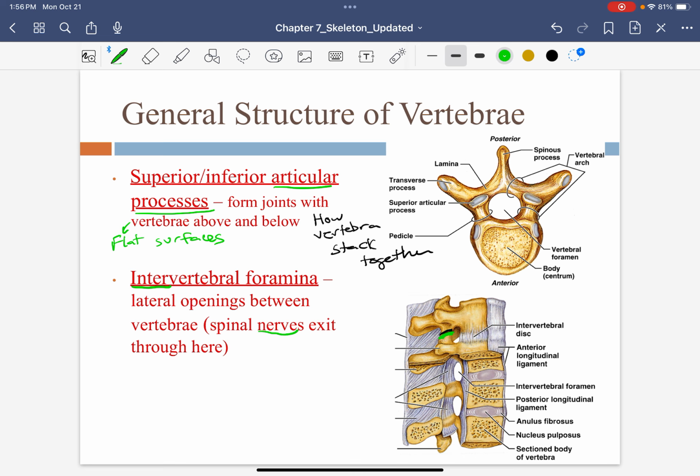So the black here is the inferior articular process. We're talking about this vertebra, right? The black one touches and stacks together with the superior green articular process of the one below it. So this is how they stack together.